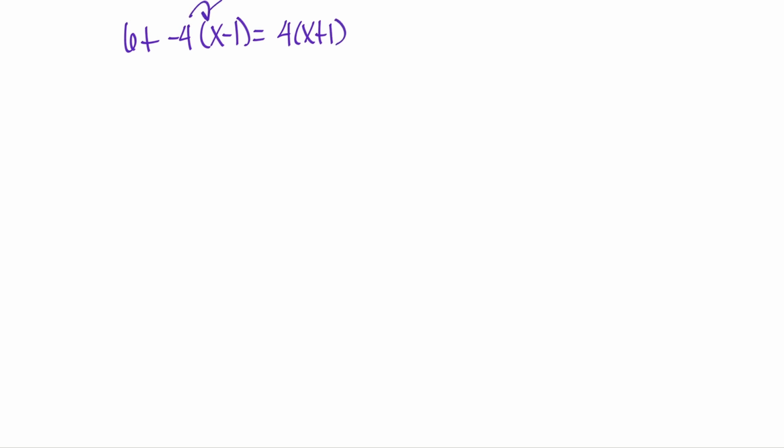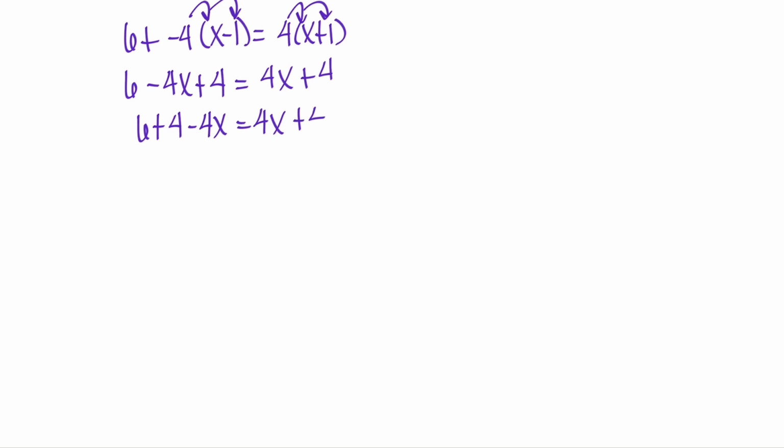So let me do all this distributing. So I have 6 minus 4x plus 4 equals 4x plus 4. Here I'm going to combine that 6 and 4 because they are like terms. So I have 6 and 4, which is 10. 10 minus 4x equals 4x plus 4.